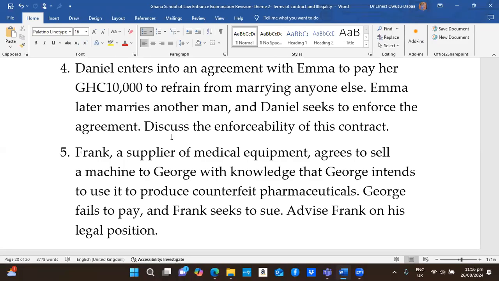Okay, so His Lordship, please, whether or not the agreement for the supply of medical equipment to Frank is enforceable. Okay, that is fine, but I will allow you to break it into two, as you did previously.